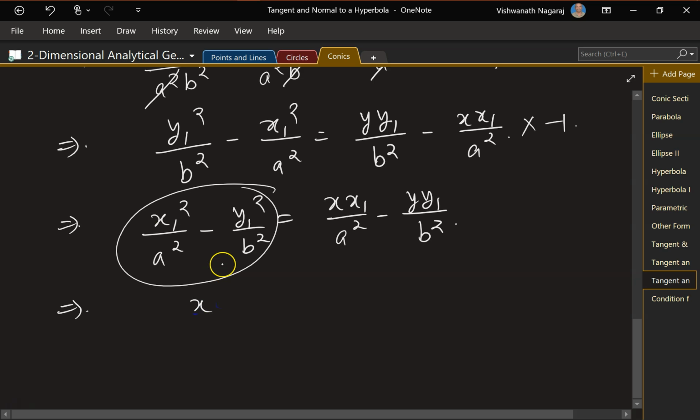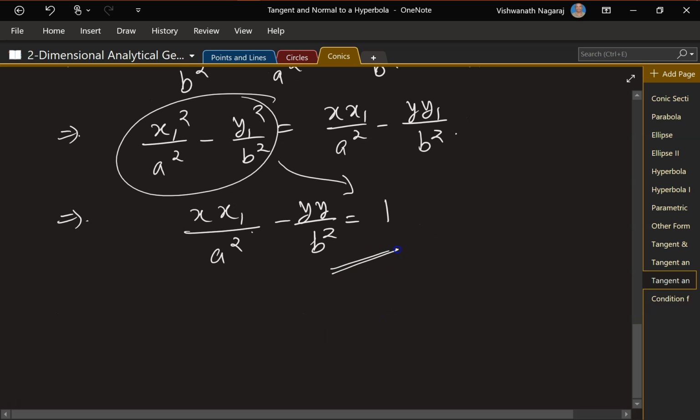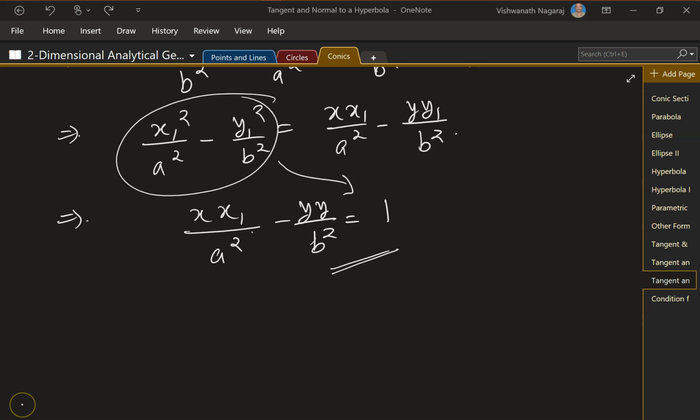Because this is nothing but a point on the hyperbola. So now let's write it like this: x x1 by a squared minus y y1 by b squared is equal to 1. So that is the equation of the tangent to the hyperbola at x1 comma y1.